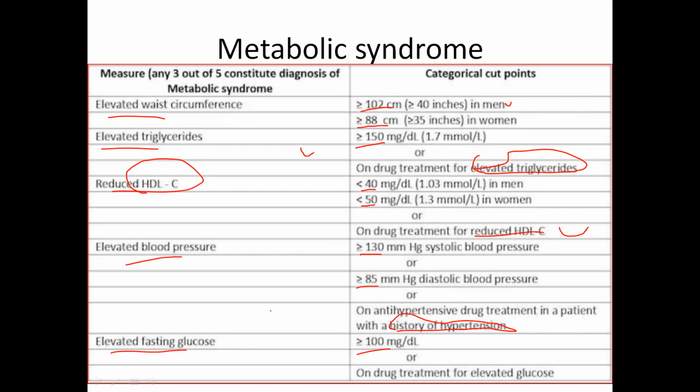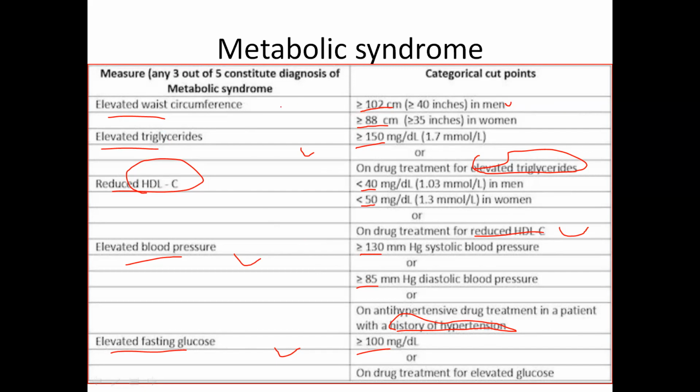In our question, the above patient has elevated fasting blood glucose level, that is 112 milligram per deciliter, and also elevated blood pressure 140 by 90 millimeters mercury, and is already on antihypertensive treatment with enalapril and HCT, and also has a waist circumference of 102 centimeters.